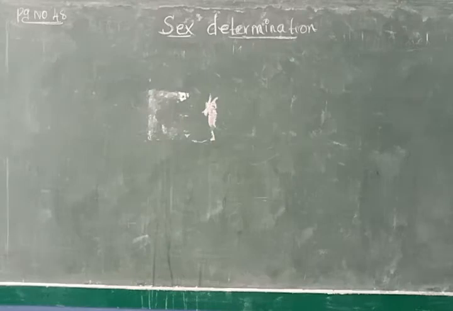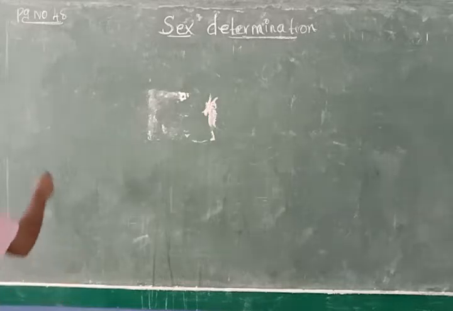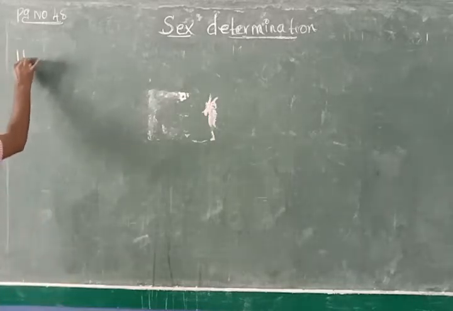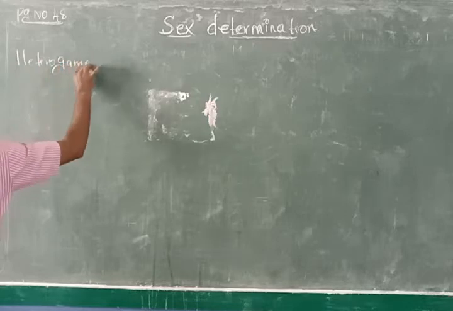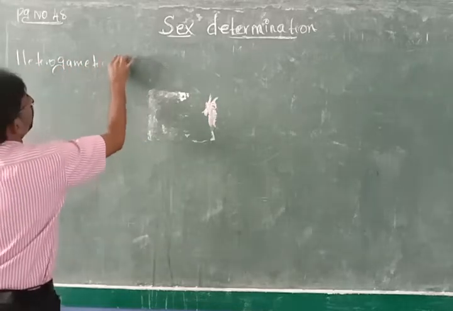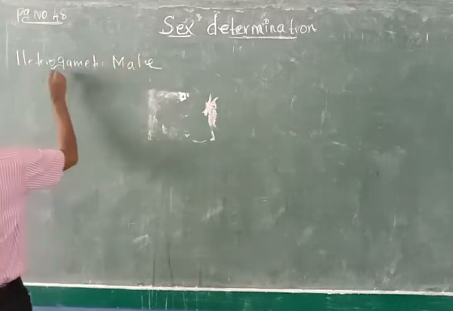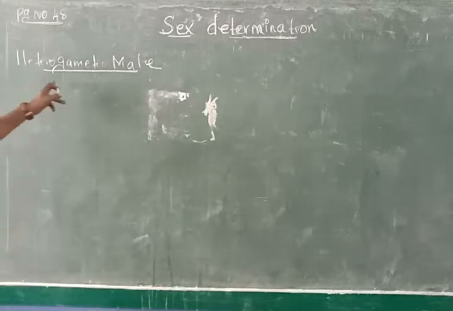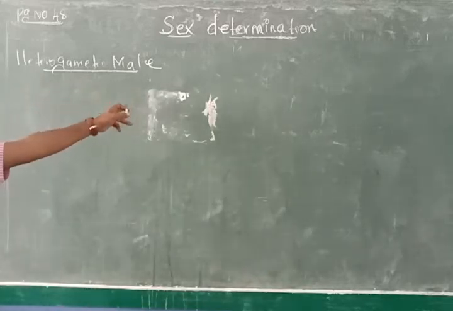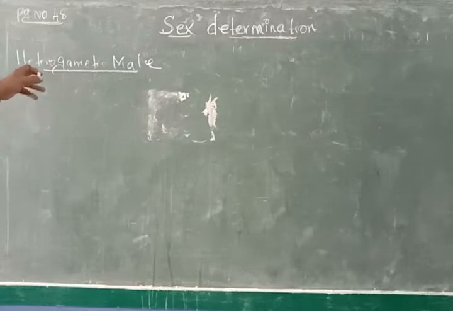So, in sex determination in human beings, just once again, let me come back. Here we talked about the heterogametic male. Why are we talking about the heterogametic male? Because we are talking about sex determination in human beings. The heterogametic male decides the sex not only in human beings but also in an insect called Drosophila.